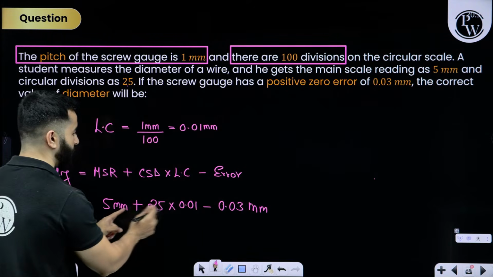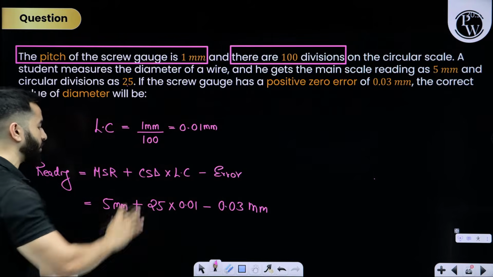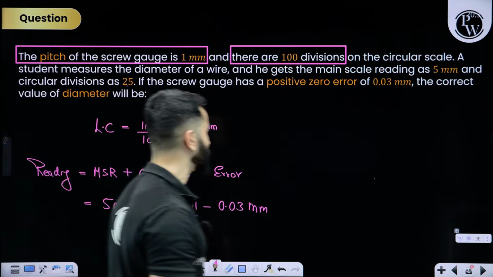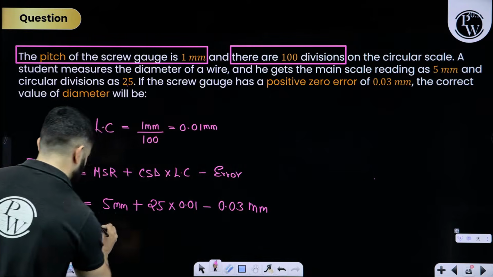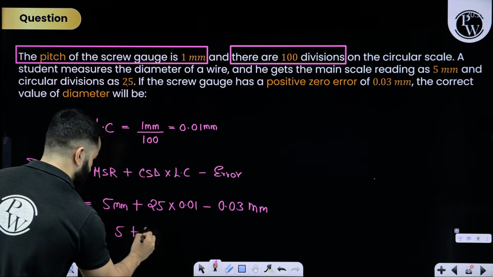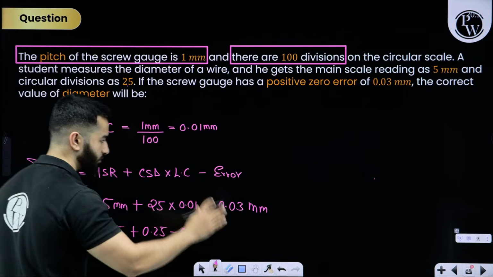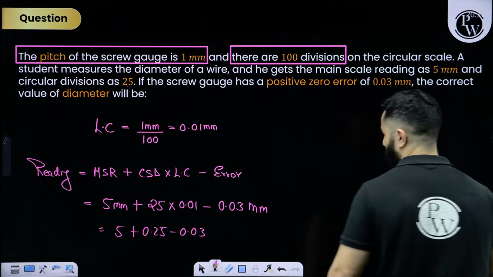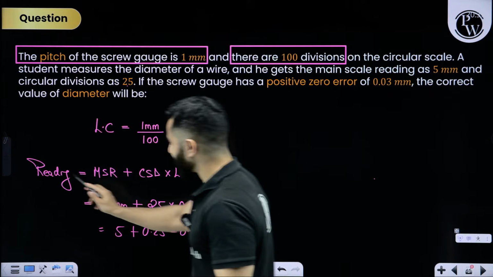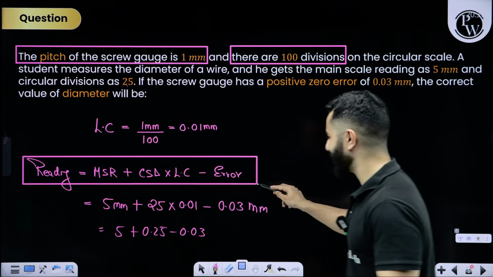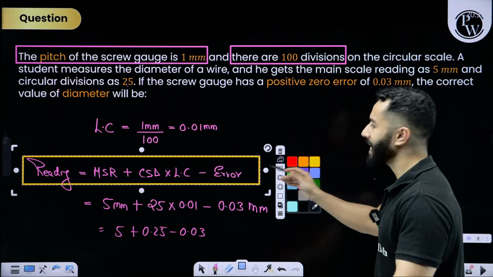This is also in millimeter. So whatever this answer is, we can find out. This is going to be 5 plus 0.25 minus 0.03. Done.